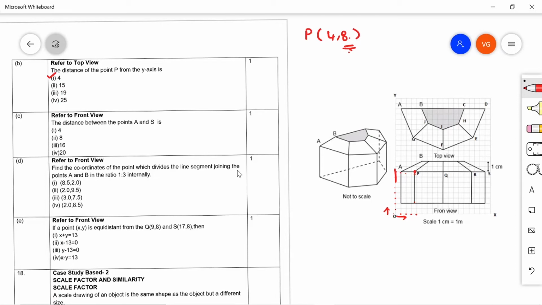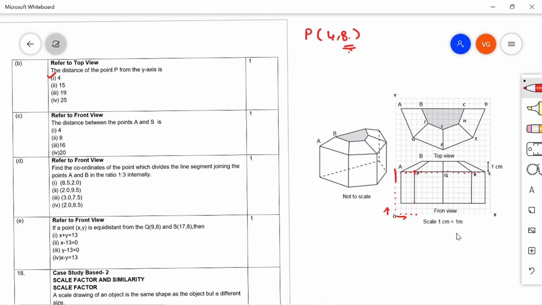Coming to part C, find the distance between the points A and S. Directly you can count it from the picture itself. See, suppose this is A and this is S. Try to find the distance from A to S here. So 1, 2, 3, 4, 5, 6, 7, 8, 9, 10, 11, 12, 13, 14, 15, 16.